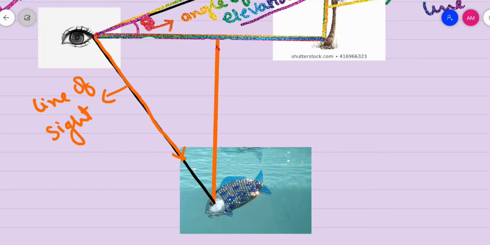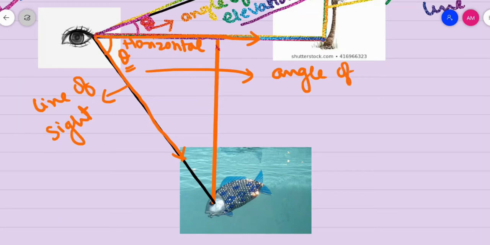And now see this again, this is the ground. On the ground you are sitting, so this is the horizontal. Now the angle made by the line of sight with the horizontal, theta, here in this situation is known as angle of depression.